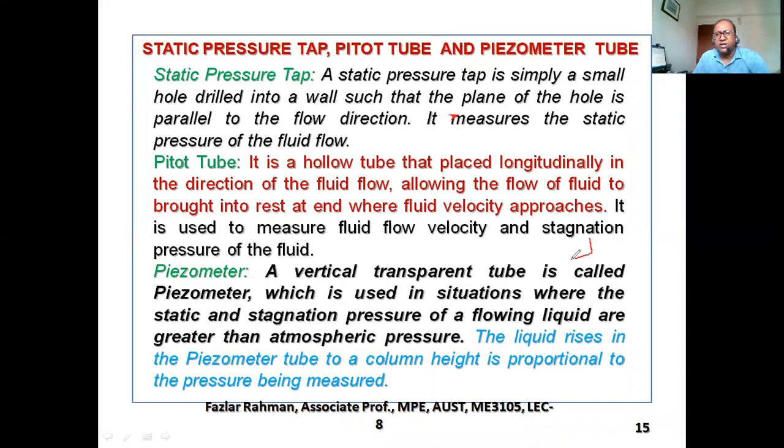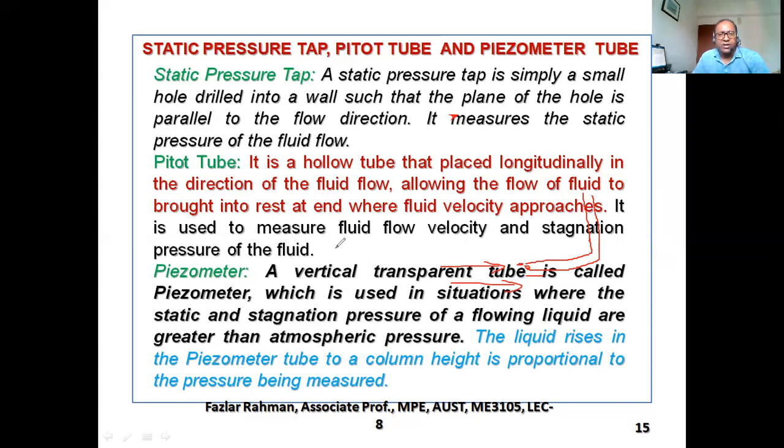For example, it is a kind of L-shaped tube, and there is a little hole over here. So when fluid is flowing and hitting right over here, not at the hole, the fluid will be stopped, the velocity will be stopped. If velocity is stopped, then the kinetic energy of the fluid will be converted into pressure energy.